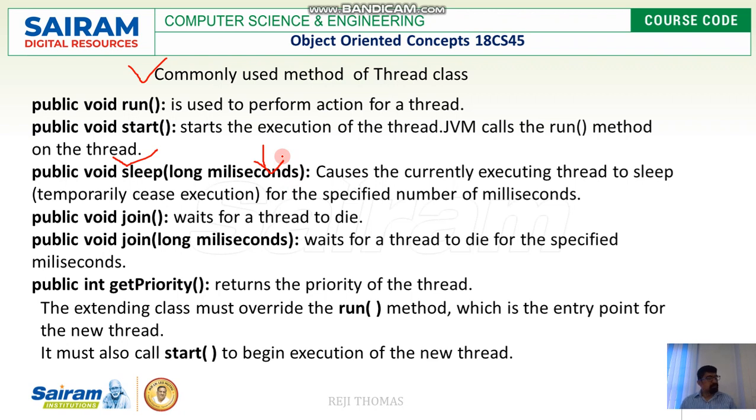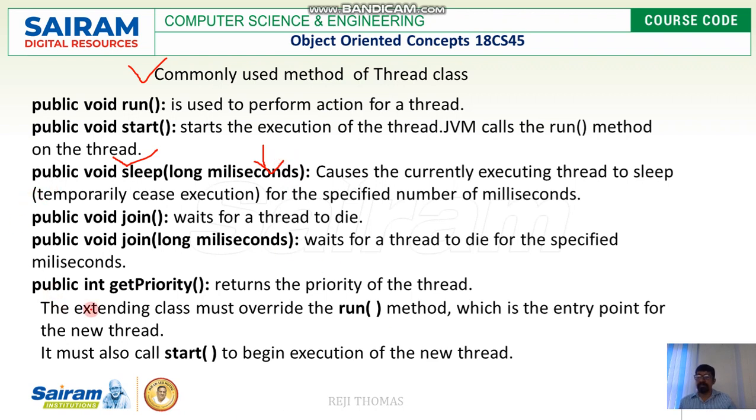Then, as I told, there is another method called join, which waits for a thread to die. Think that inside the main method you are writing join. What this is going to do is make your main method wait for the child thread to complete.